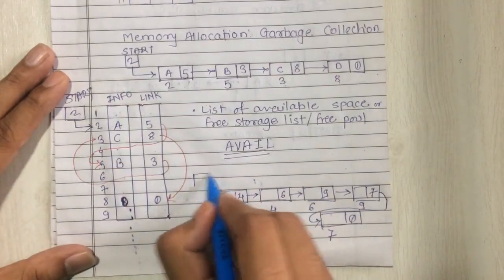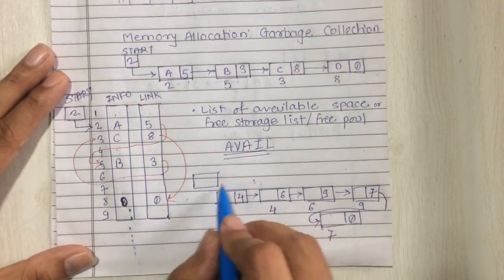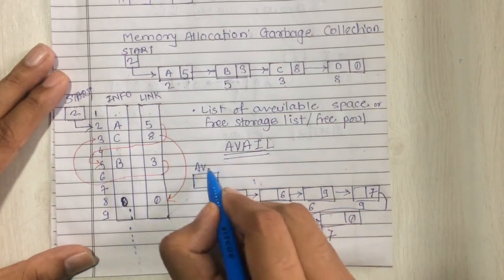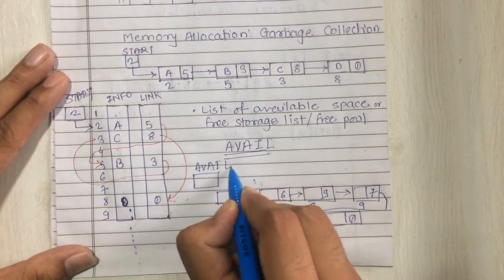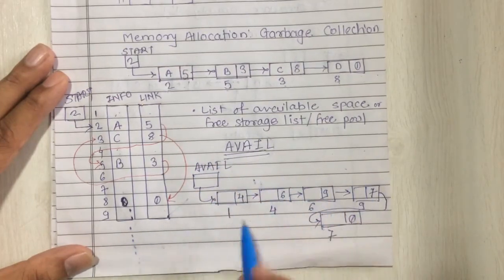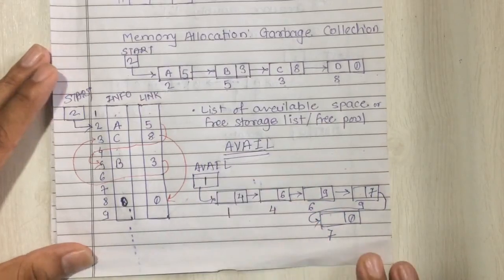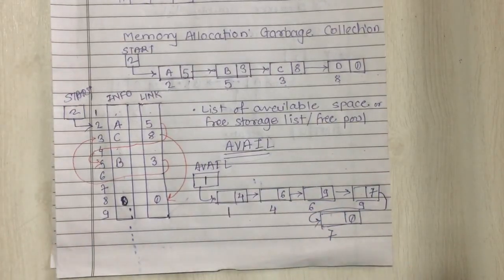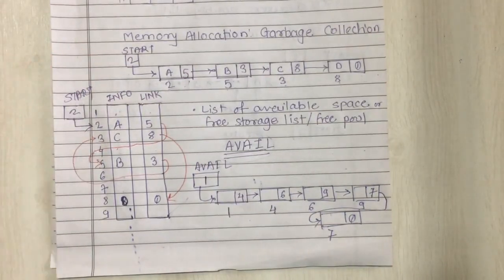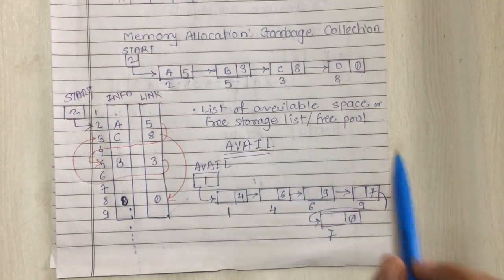Similarly, to hold the address of this list, we have one more pointer, called avail, and this avail holds the address of the first node from this list. So remember, start holds the address of the first node from the linked list, and avail will hold the address of the first node from this free pool.